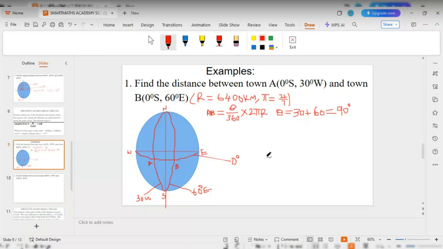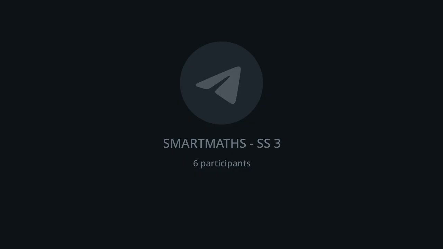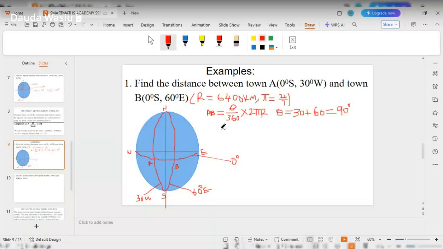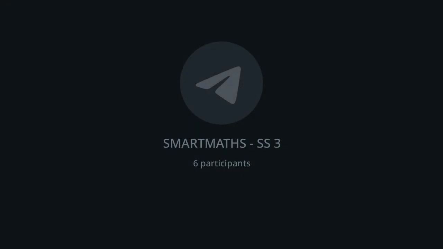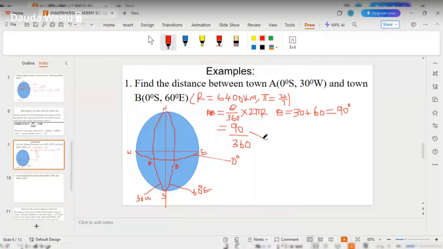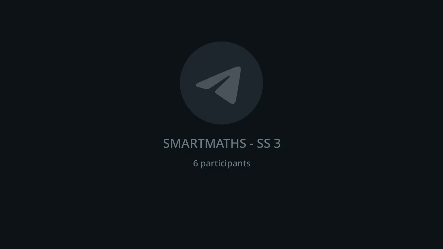So AB equals 90 all over 360, multiplied by 2, multiplied by 22 over 7, multiplied by the radius of the earth.